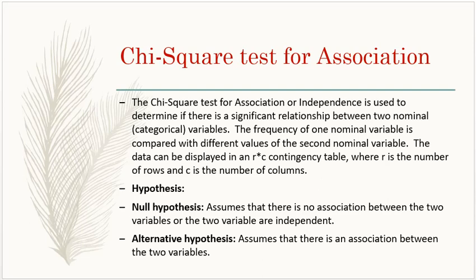In this case, our hypothesis is that there is no association between the two variables, or the two variables are independent. On the other hand, the alternative assumes that there is a well-defined relationship between the two variables, the two attributes. So H0: the two variables are independent, and H1: they are dependent or related.